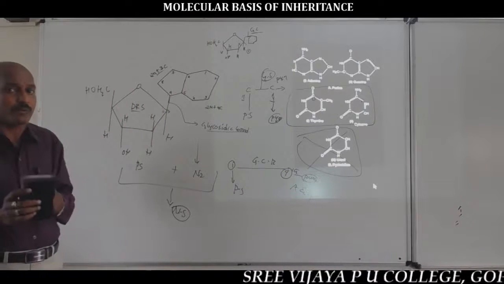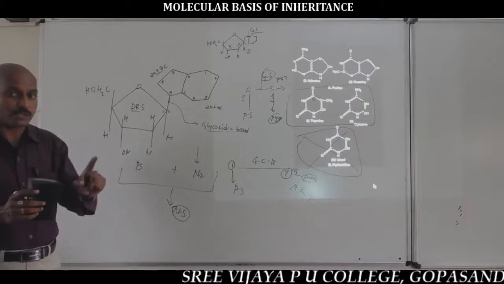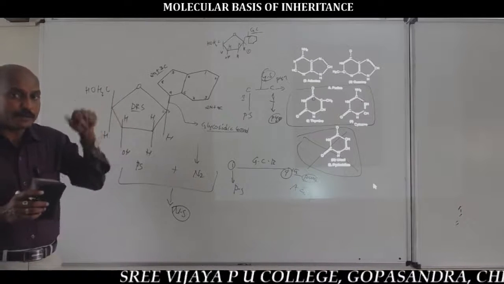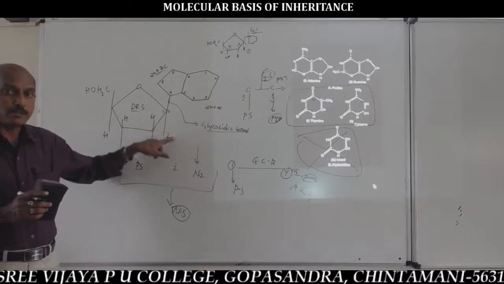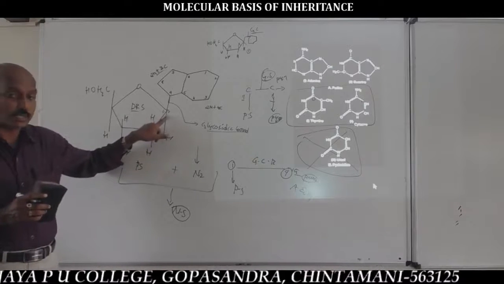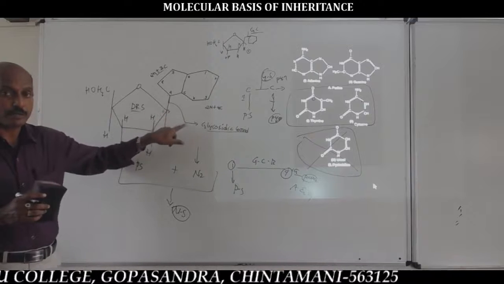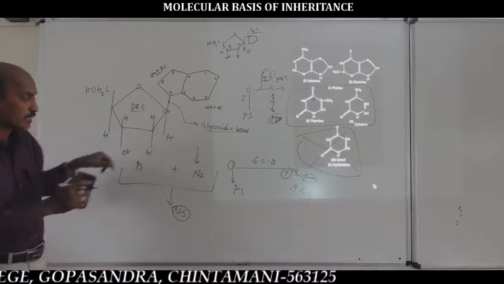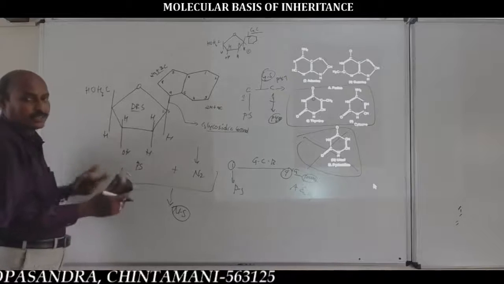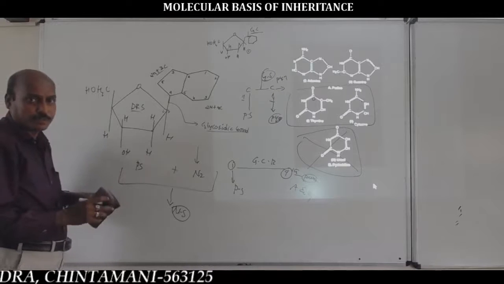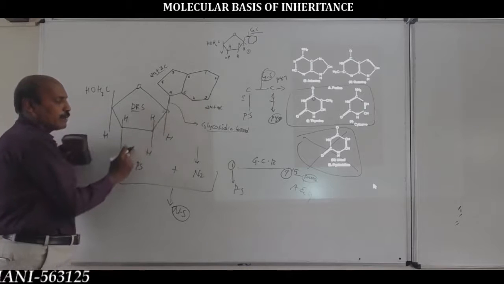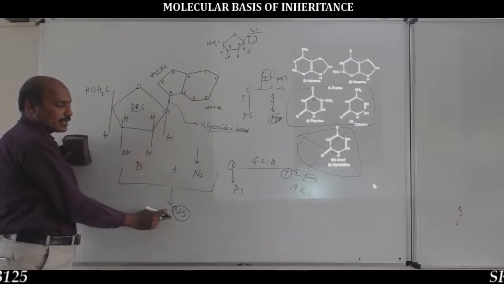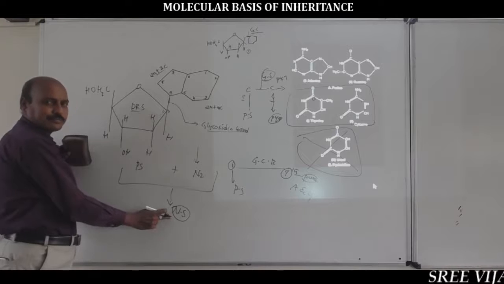But anyhow, a nitrogen base, whether purine or pyrimidine, binds to the deoxyribose sugar, the pentose sugar, only at the first carbon atom through a glycosidic bond, which leads to formation of a nucleoside. So the combination of nitrogen base and pentose sugar together is called a nucleoside.